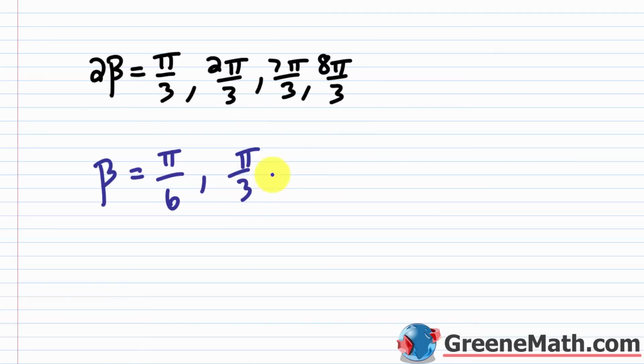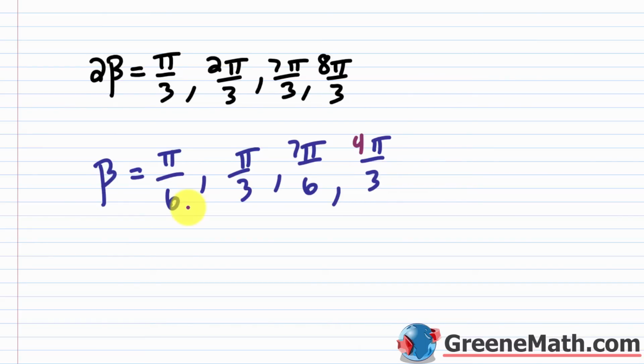Then 7 pi over 3 times 1/2 gives you 7 pi over 6. And lastly, 8 pi over 3 times 1/2. Here, 8 divided by 2 gives you 4, so this ends up being 4 pi over 3. So these are your solutions in terms of beta.